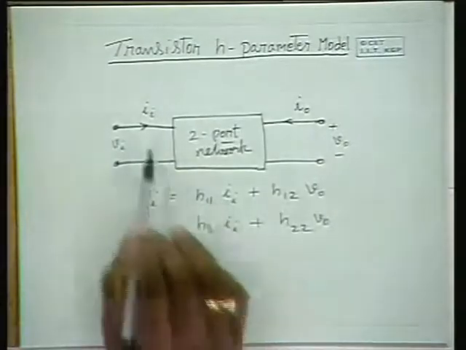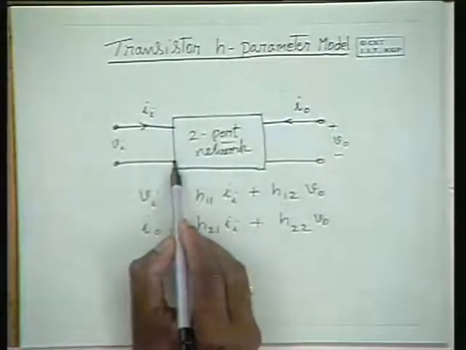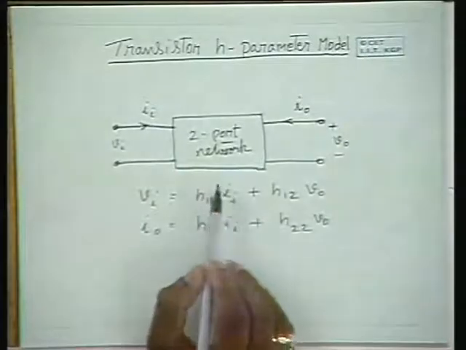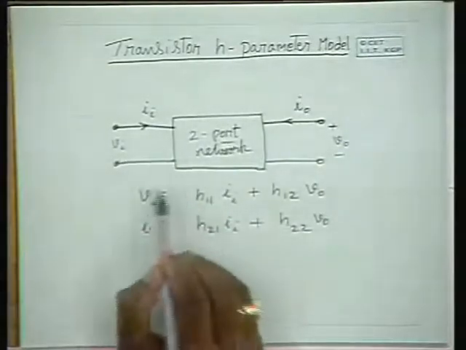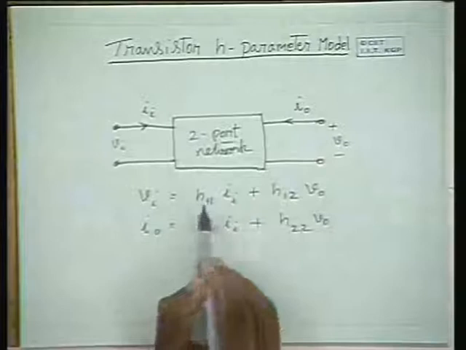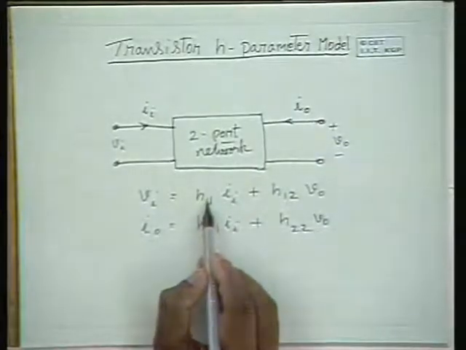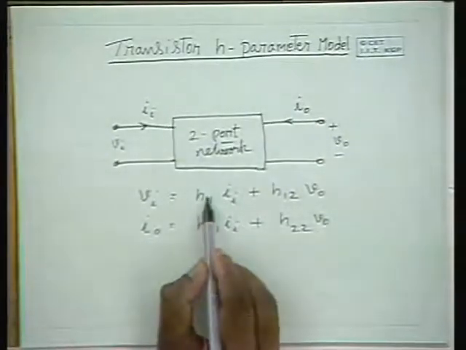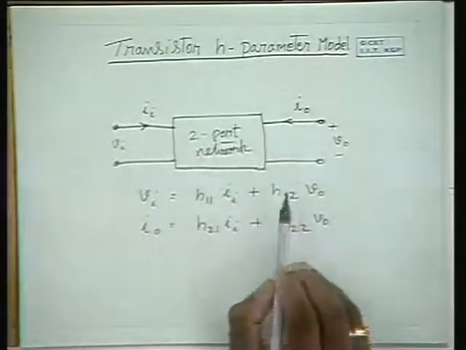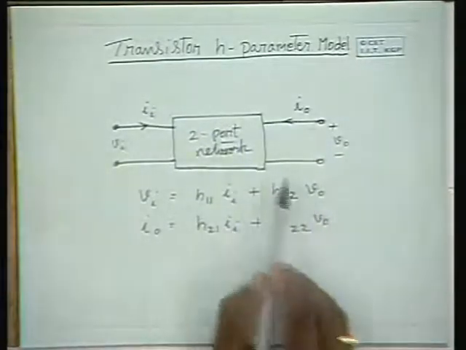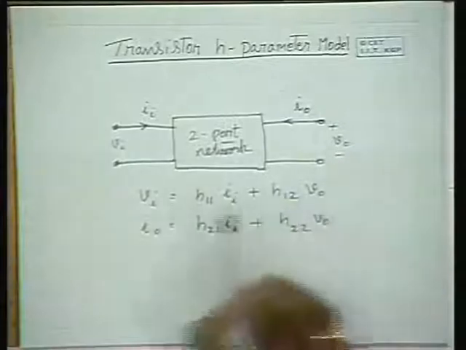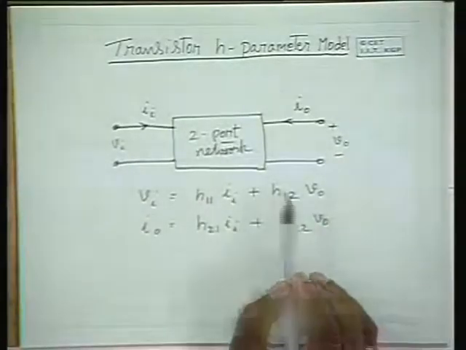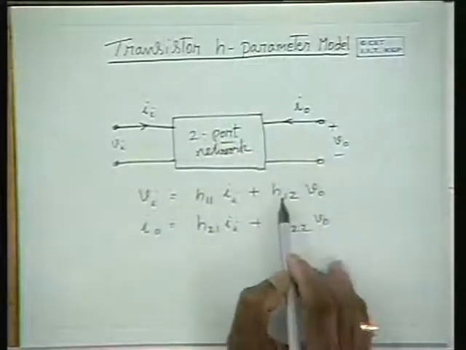Vi and Ii are both input quantities, therefore they are related to port 1, hence this parameter is given the suffix H11, whereas H12 is a relationship between an input and an output quantity, Vi and V0, so between port 1 and port 2, that's why it is H12.